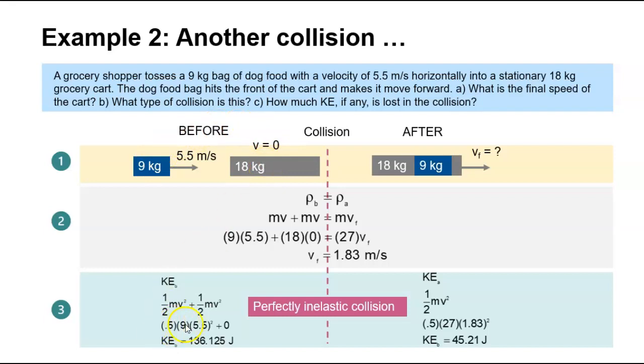So 0.5 times 9 times 5.5 squared, 0 for the cart. I got 136 joules before, and afterward I have 45 joules. So I lost kinetic energy, which is how I know it's inelastic, and because they're stuck together, it's perfectly or totally inelastic.